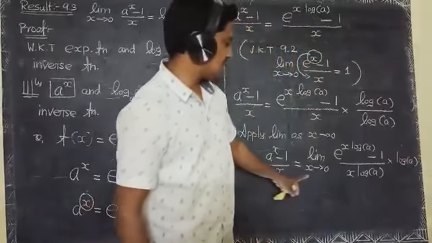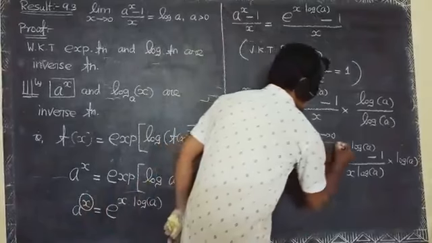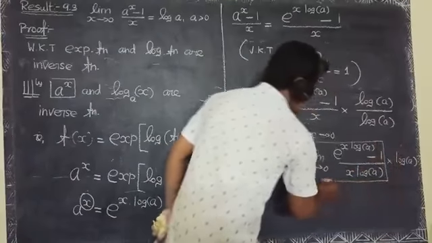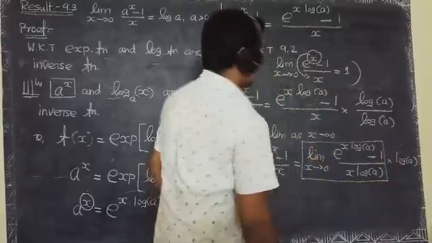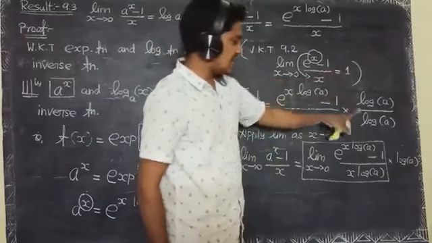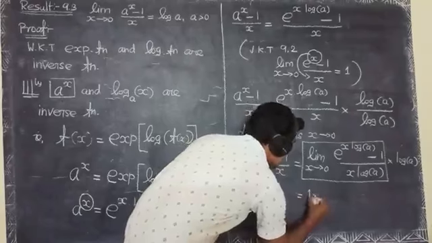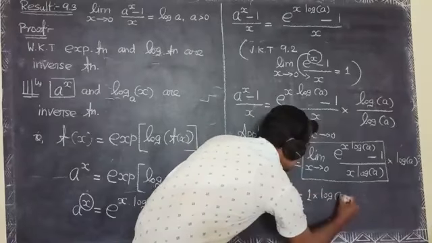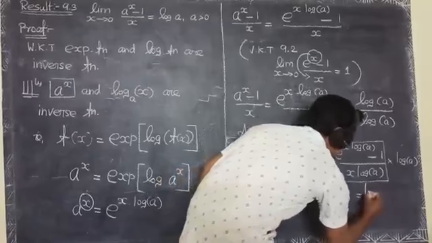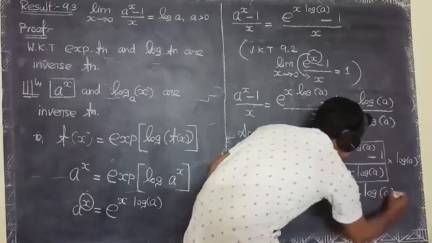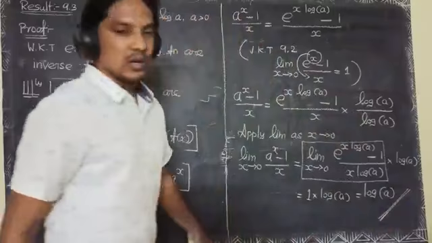Here replace x log a using result 9.3, then the resultant is 1. Here 1 into log a is equal to log a, hence proved.